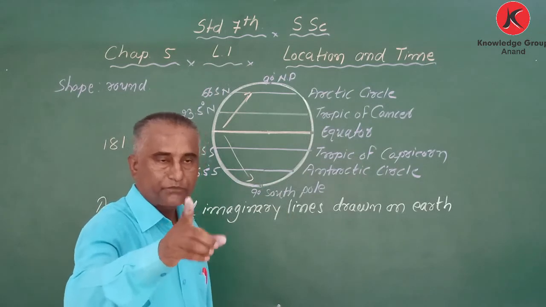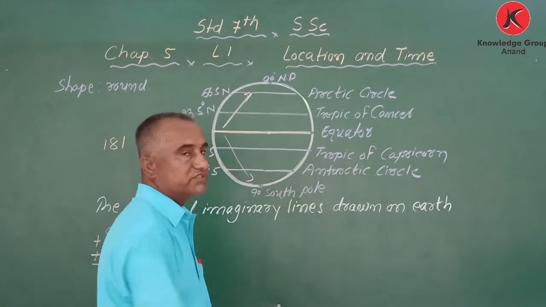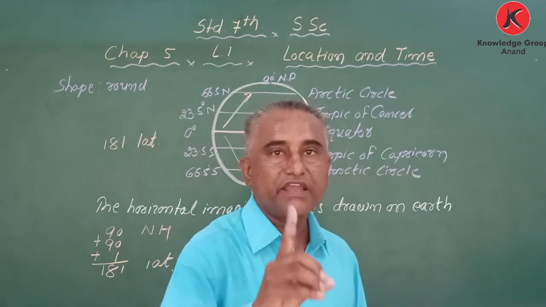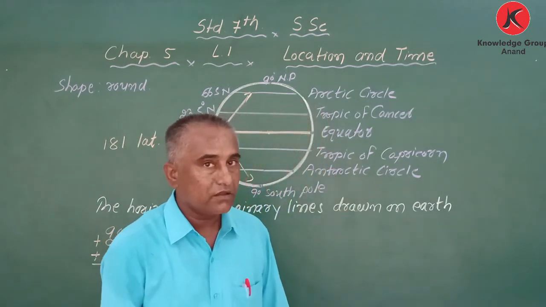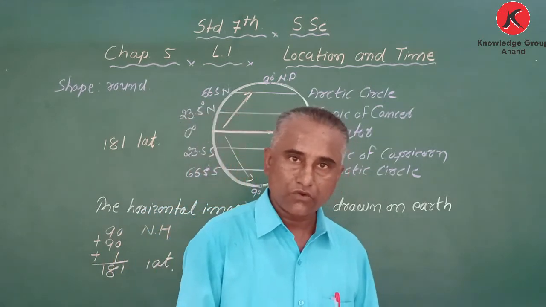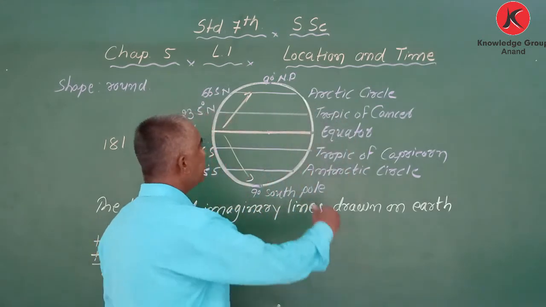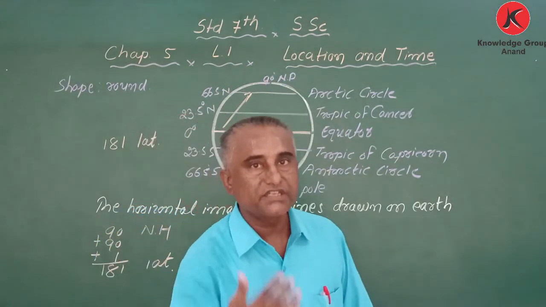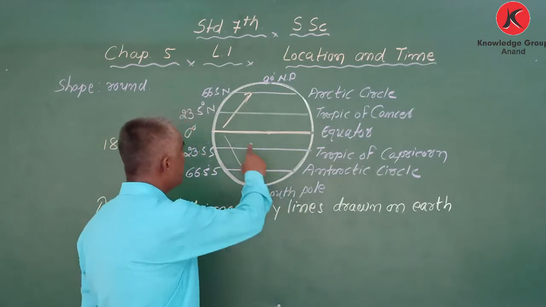Second thing, how many latitudes are there? 181 latitudes on earth. How? 90 latitudes in the north side, 90 latitudes in the south, and 1 equator.